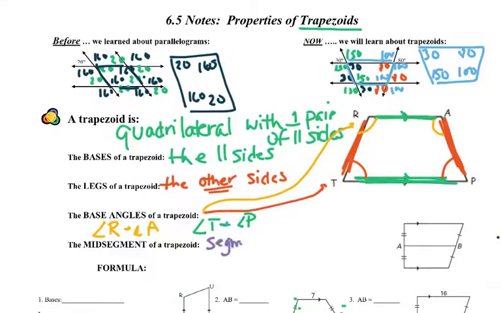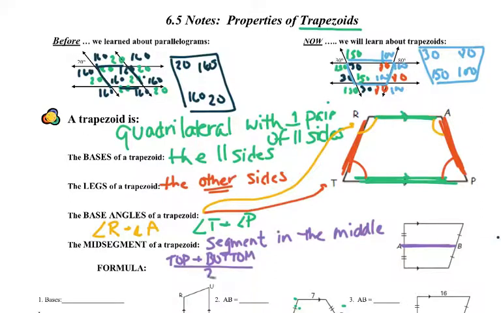Just like it sounds, a mid-segment is a segment in the middle. So AB is a mid-segment. And we're going to have a formula to find the mid-segment: top plus bottom divided by 2.